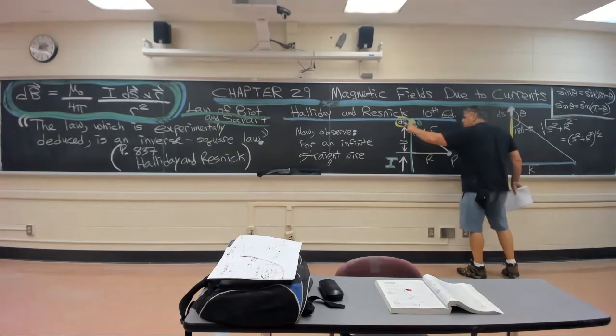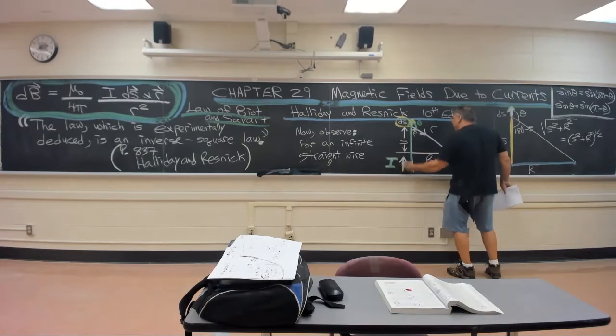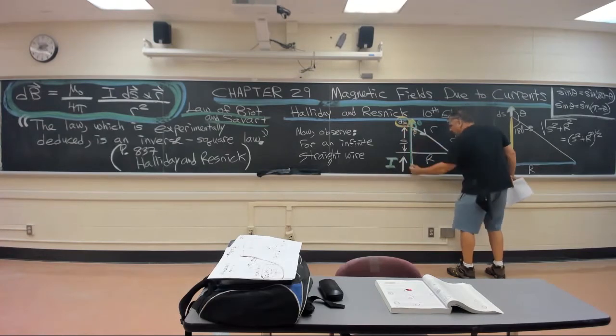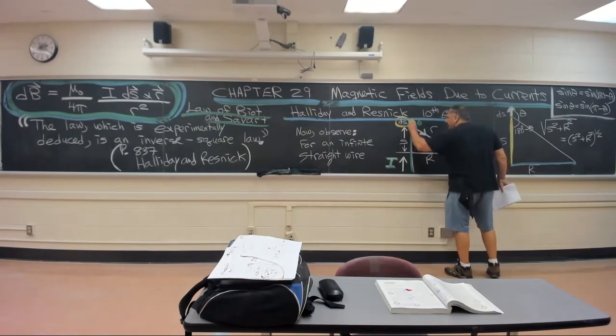For this ds vector, or distance ds, I can put a vector symbol on there, this length of ds of wire with the current I flowing through it, this current flowing throughout an infinitely long wire. Let's just take a snapshot of what's happening with the infinitely long wire over this short segment of length ds.